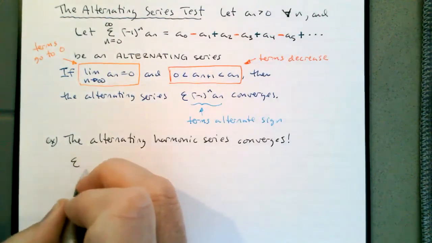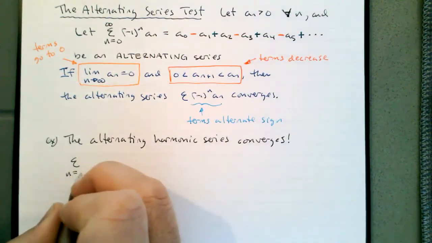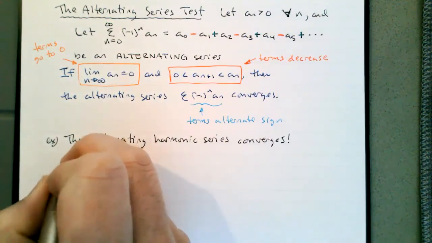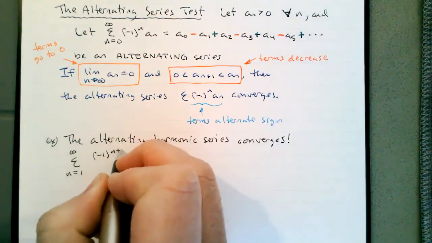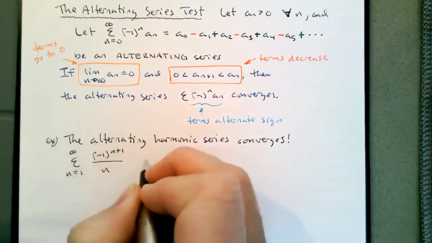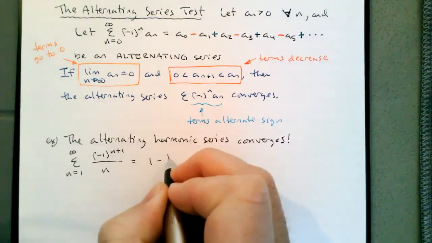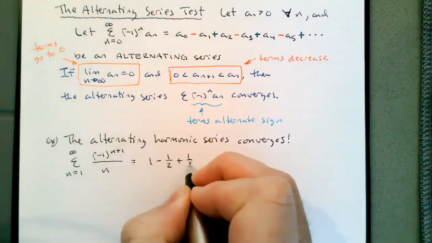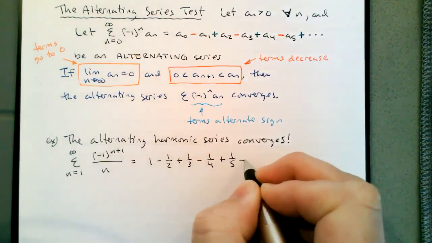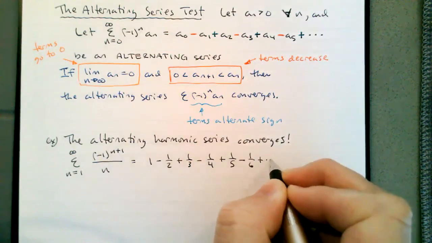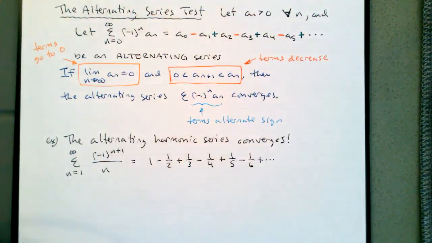So that would be the series, the sum as n goes from 1 to infinity of (-1)^(n+1) over n, since we want to start off positive. So that'll be 1 minus a half plus 1/3 minus 1/4 plus 1/5 minus 1/6, and so on.